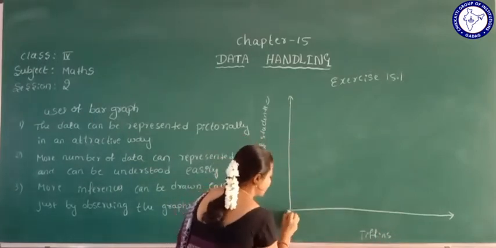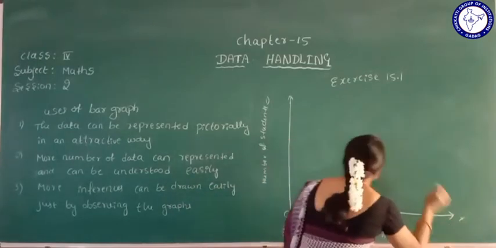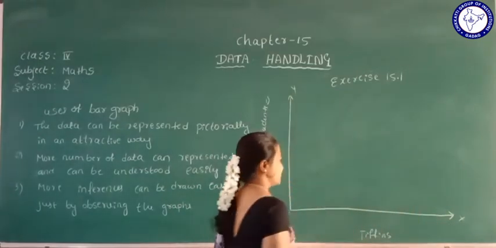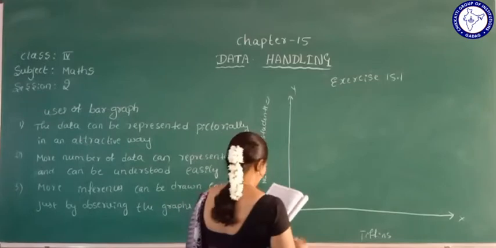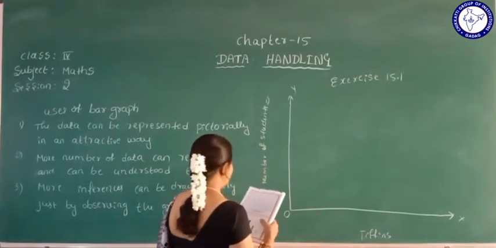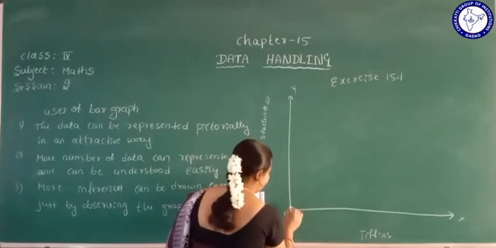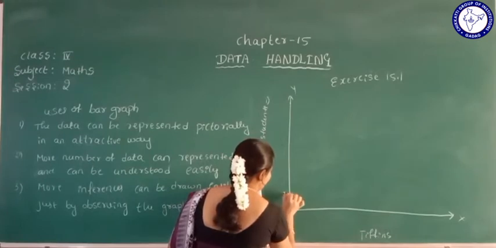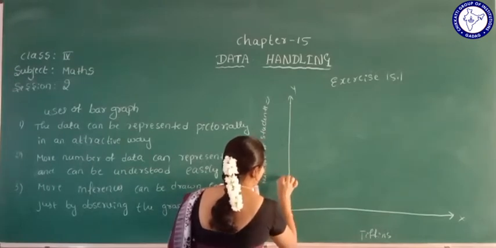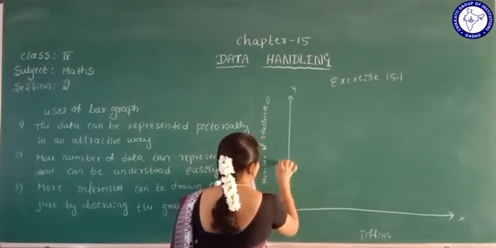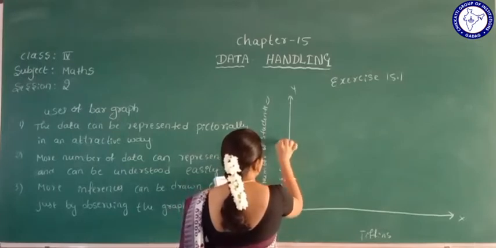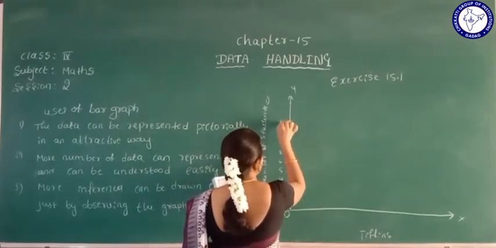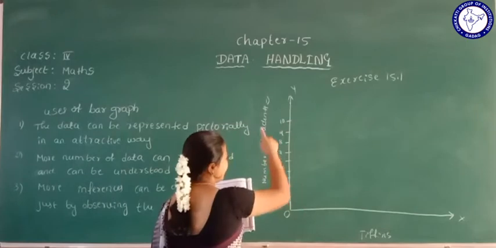This is 0, this is the x-axis and this is the y-axis. Here I'll write how many students, up to 10: 1, 2, 3, 4, 5, 6, 7, 8, 9, 10. So these are the number of students.